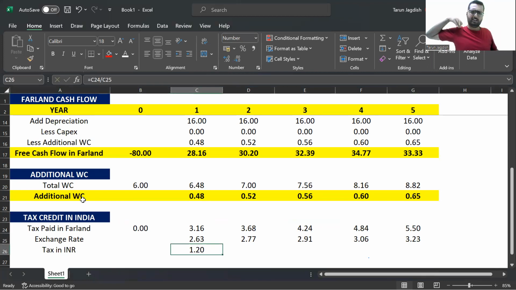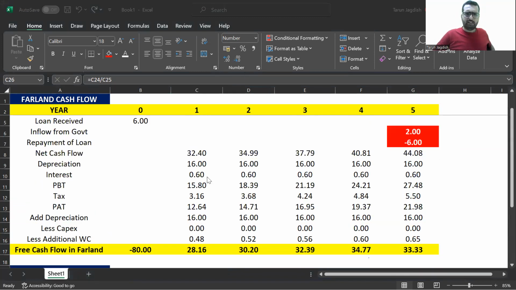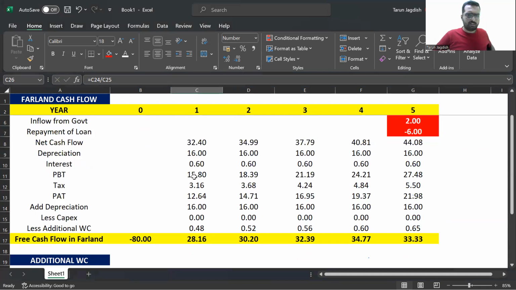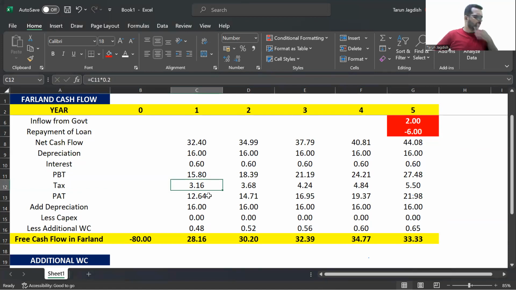No, some mistake I have done. One minute, friends. Let me just check. I've made some mistake here. PBT is 15,800. That is the number that we have. On that, you have tax. Tax rate is 20% or 10%, friends?